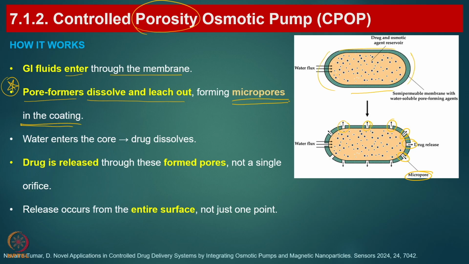These micropores work as an orifice and release the drug from the inside to outside. So, water enters the core, the drug dissolves, and the drug is released through the pores. There is no single orifice; the release occurs from the entire surface, not just one point. With this you can expect a high amount of drug release from the system.